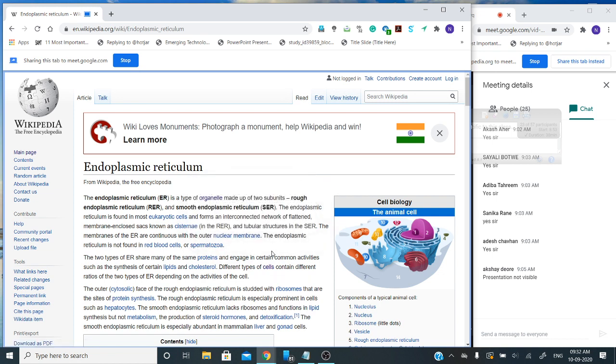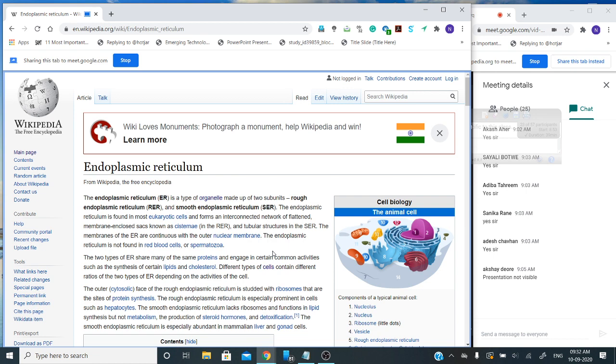Both have many of the same proteins in the endoplasmic reticulum. The only difference is the presence or absence of ribosomes. So they are engaged in common activities, such as synthesis of certain lipids and cholesterol.